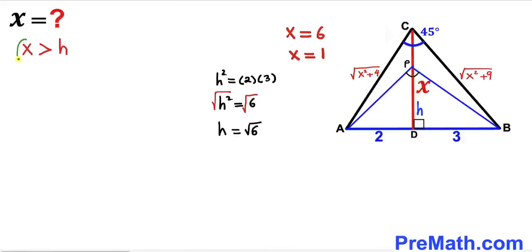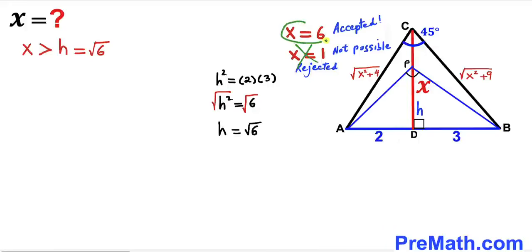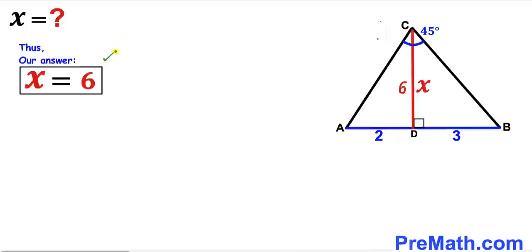So therefore x is going to be bigger than the height h, and we know our height h value is square root of 6. So therefore we can see x equal to 1 value is not feasible. So therefore we are going to reject this x equal to 1 value, and we are going to accept x equal to 6 value. So thus after all the calculations and manipulations, our x value turns out to be positive 6. And that's our final answer.